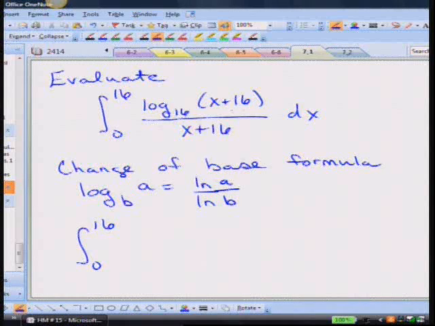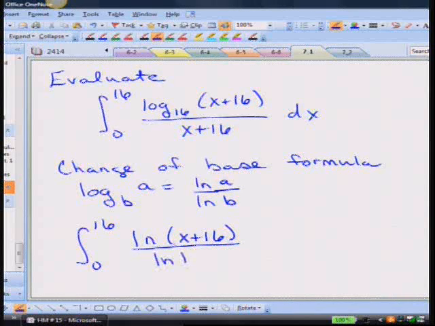Instead of log base 16 of x plus 16, let's say that that is the ln of x plus 16 over the ln of 16, and that's times the 1 over x plus 16. Does that make sense, what I did?